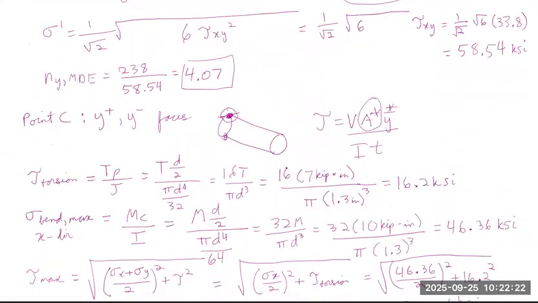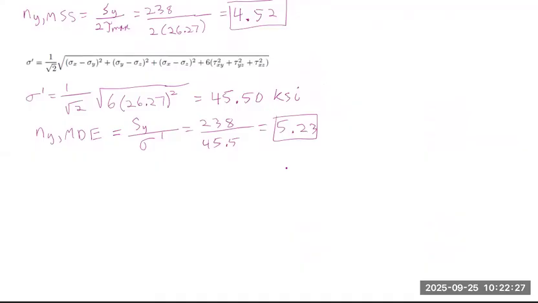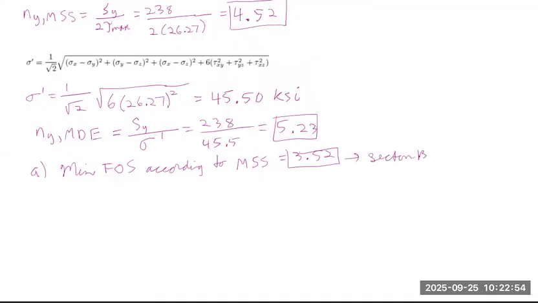Obviously, 3.52 is the smallest one, so we can conclude that the minimum factor of safety according to maximum shear stress is equal to 3.52, which occurs at the section B on the right side of the shaft.